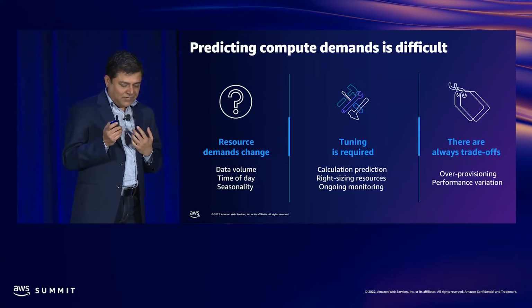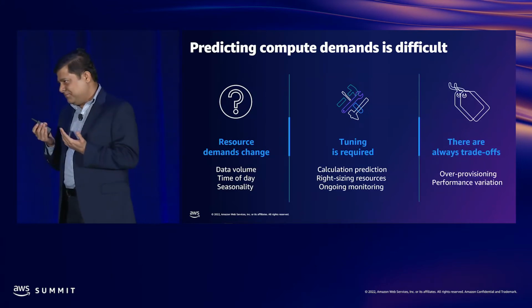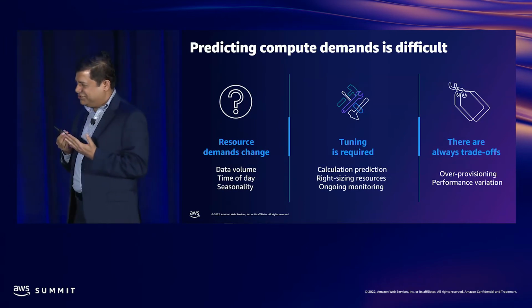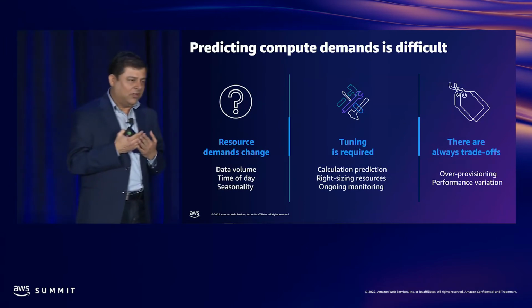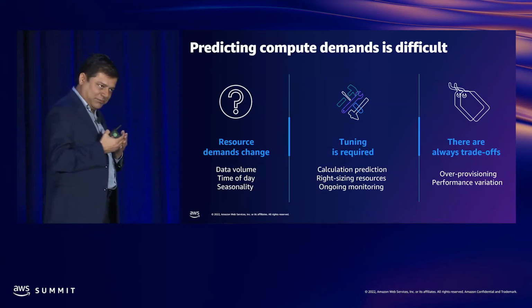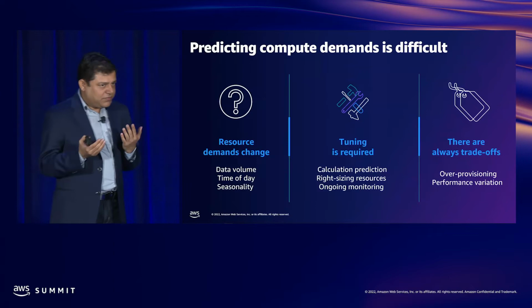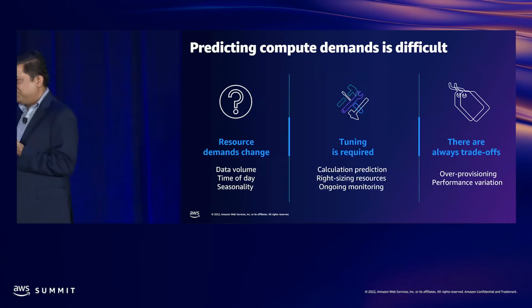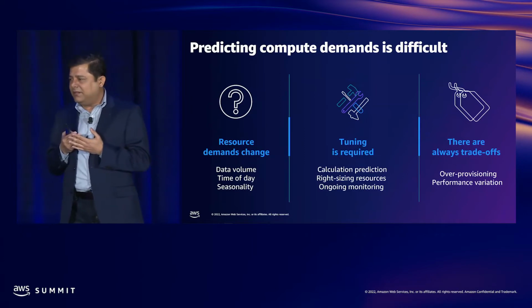And then there are trade-offs. These are difficult trade-offs. Should you over-provision the resources for all the eventualities? In those cases, your cost will go up. Should you under-provision the resources to ensure that cost is within the bound? In those cases, there is a high probability of job failure.